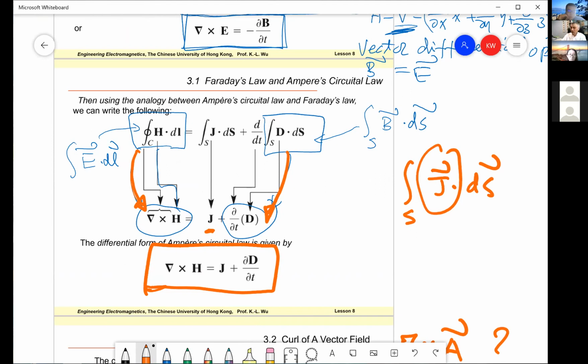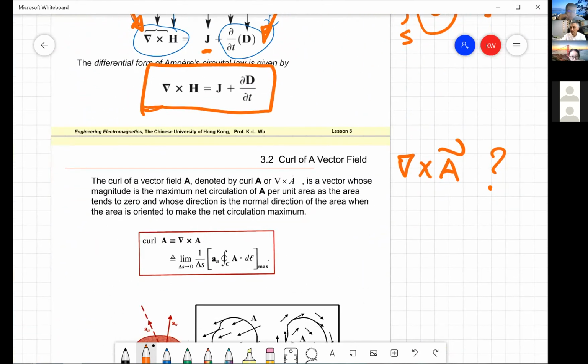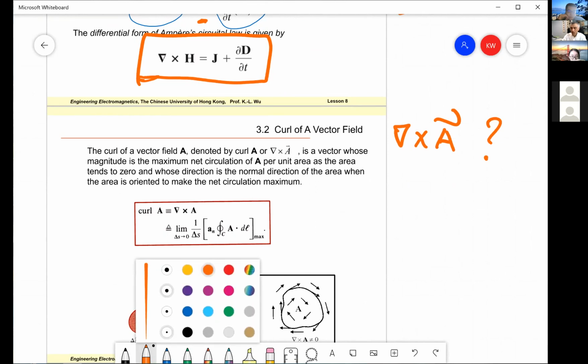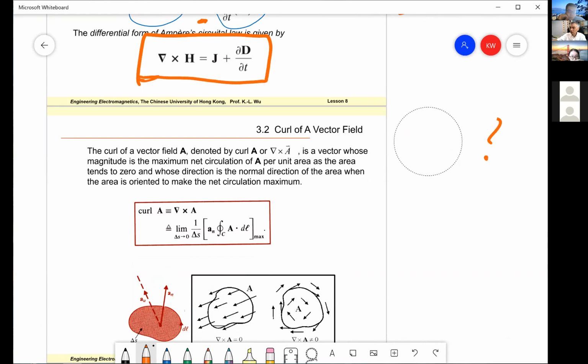So let's look at the essence of this operator. There is a very specific mathematical name. It's called a curl, because this quantity is not only used in electromagnetic fields, it's used in almost any vector field. In vector fields, we call it curl. What's a curl?